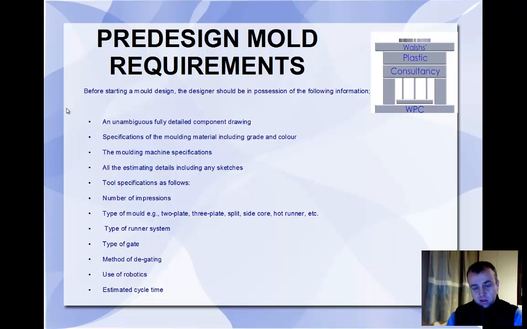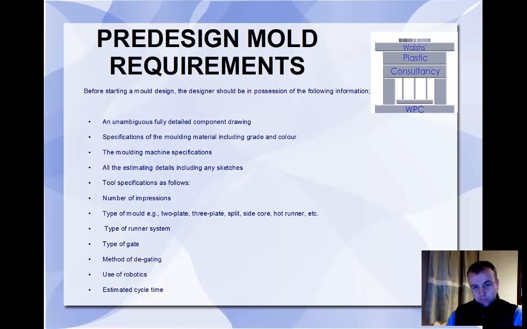Your type of gating, a submarine gate or a pin gate or side gate, what type of gating system is allowed. It usually depends on the aesthetic features of the component and the part, and it's important to know that. Also your method of degating, whether it's going to be in mold or after the production.